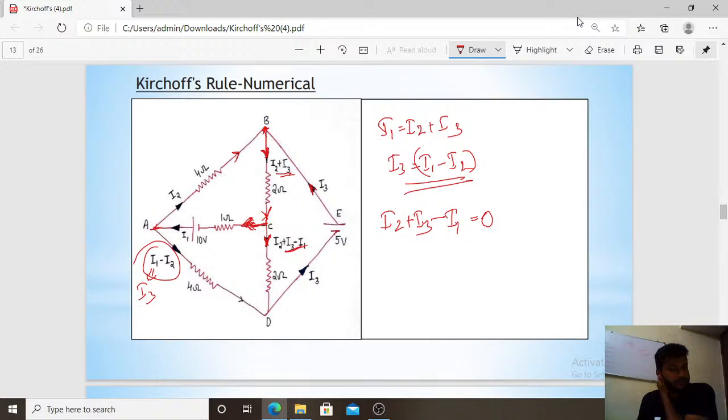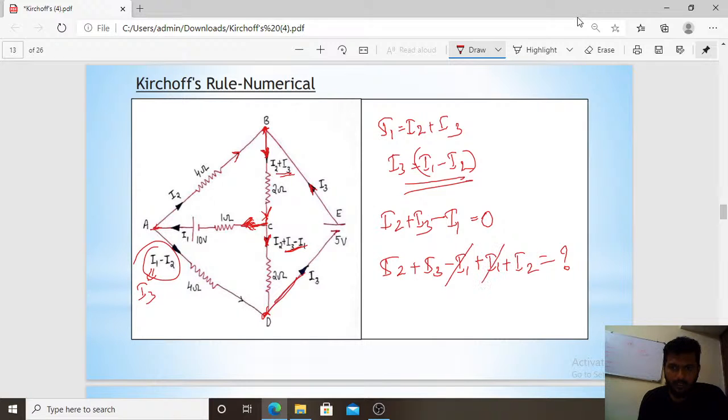So when it reaches here again, Kirchhoff's current law, I2 plus I3 minus I1, current entering plus I1 plus I2, that is equal to this direction. So how much? What did I get here? I1 gets cancelled. Remaining here it is I2 plus I3.